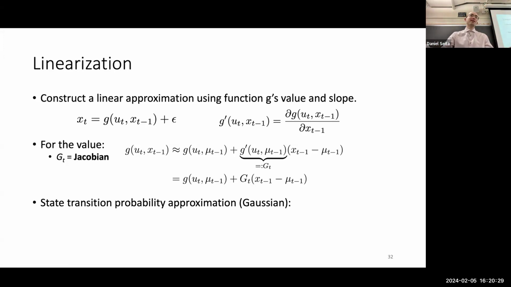Except, again, there is an approximation, so how good it is depends on whether g is actually a linear function in most of the input space. Hopefully that intuition is clear. We're trying to get the Kalman filter's strength without actually requiring that g be linear, because that's a very strict assumption.